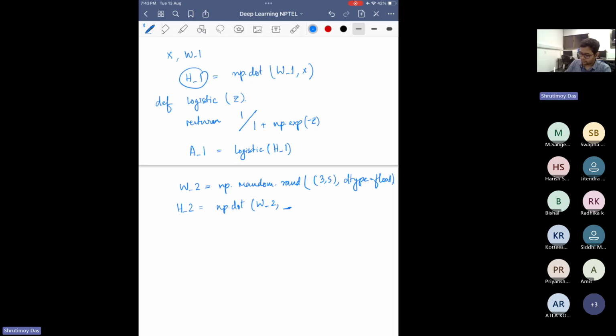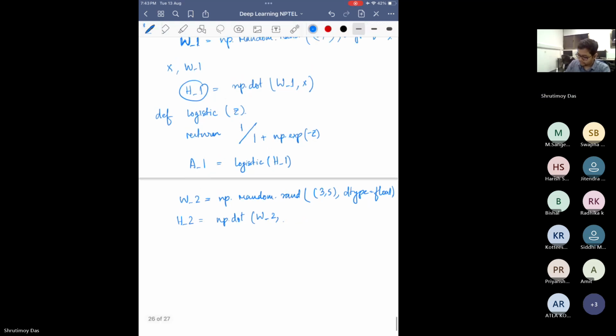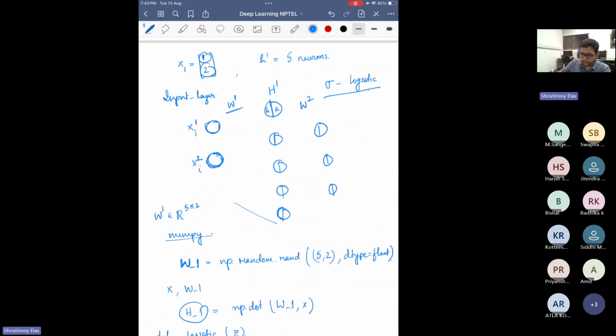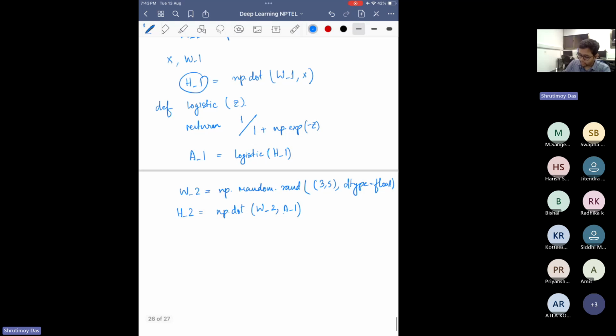We'll have a1 here, not h1. You understand why it is a1, right? You had h1 at this point, we applied the logistic function and got a1. Now this is going to the next layer, so here I will write a1. Is that clear?